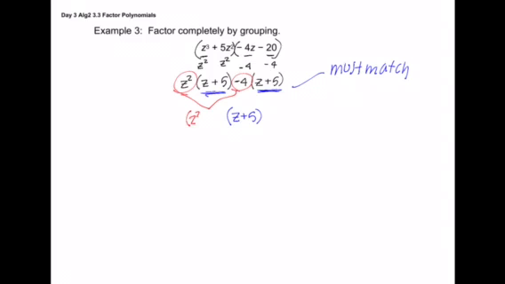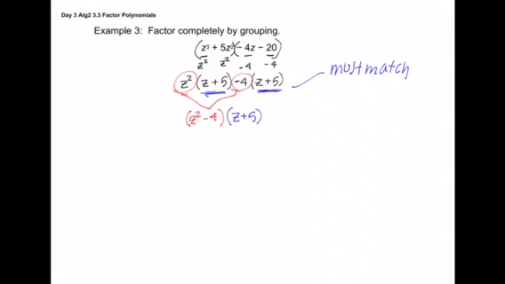When I factor out my negative 4, I am left with z plus 5. When you are factoring by grouping, these 2 parentheses must match. So z plus 5 is going to create one of your factors. Then what's on the outside is going to create your other factor, z squared minus 4.